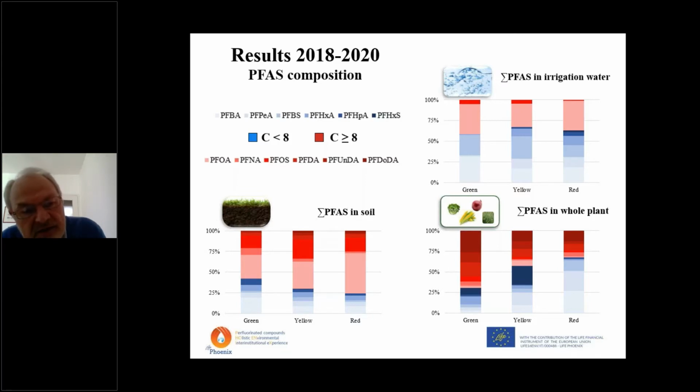Our hypothesis is that when you are in the red area, you are exposed to irrigation water where the long chain prevail, while when you are not impacted by irrigation water, the source for plants could be soil contamination, a background contamination, maybe from air, from waste recycled from dump fields. It should be studied, of course. That's our hypothesis.